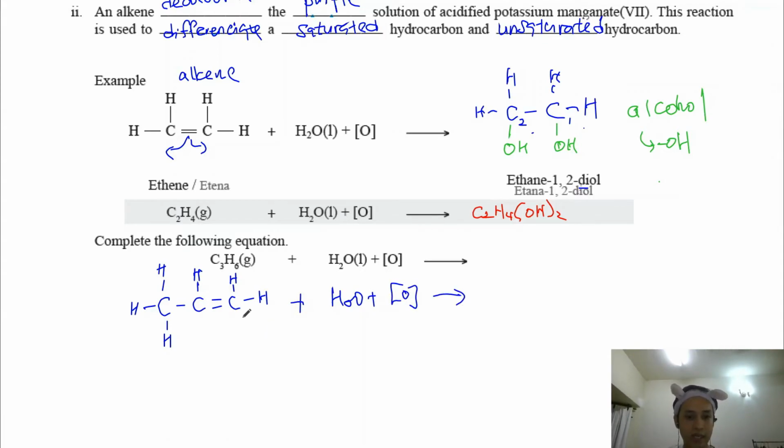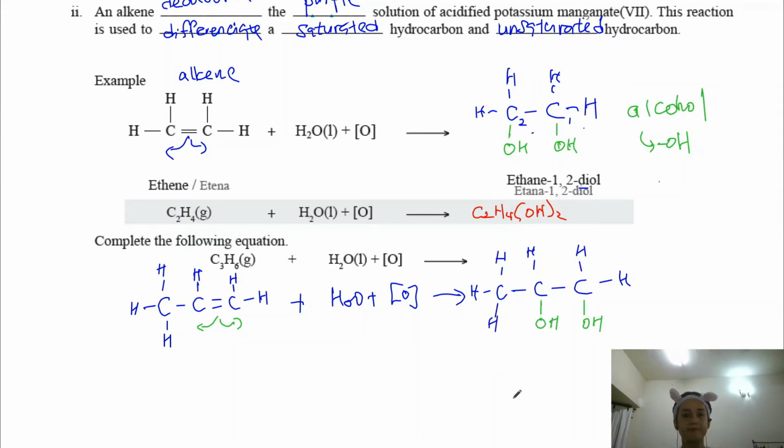What I'm going to get is, remember, break the double bond. Actually, you don't need to show this in your exam, I'm just showing you. Break it up and it becomes saturated. Since the double bond was here, the 2 OH are added here and here, and then I fill up the rest with H.